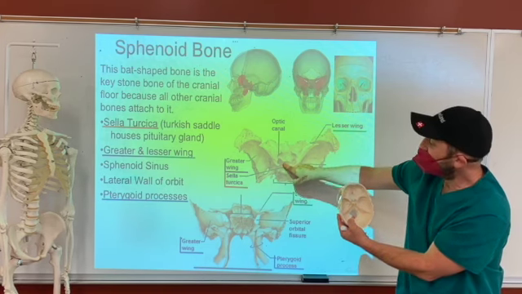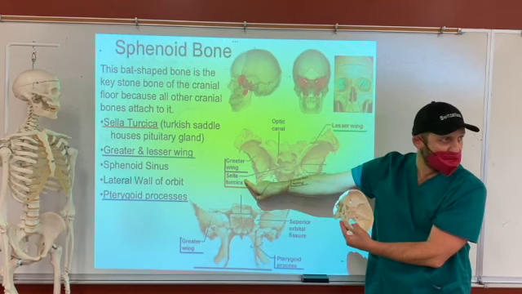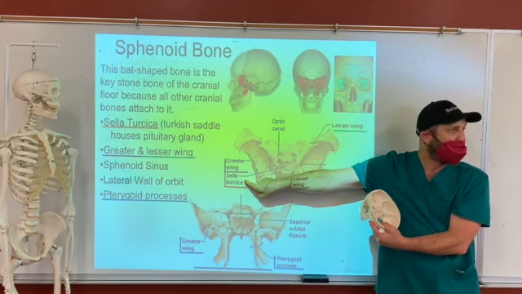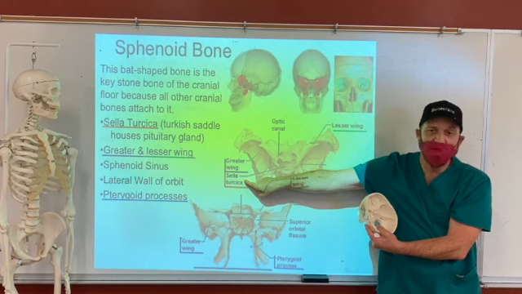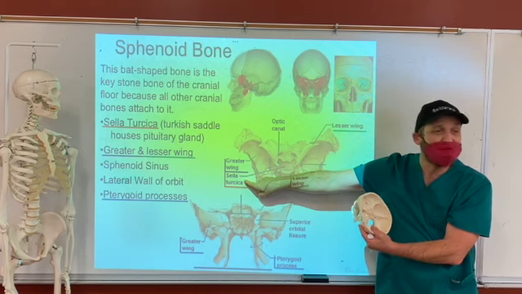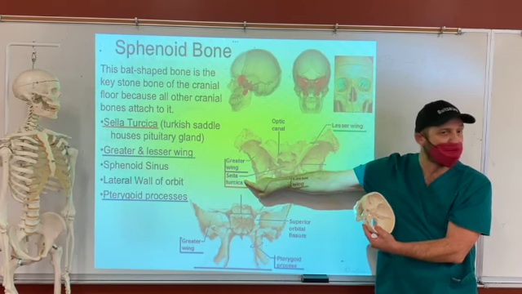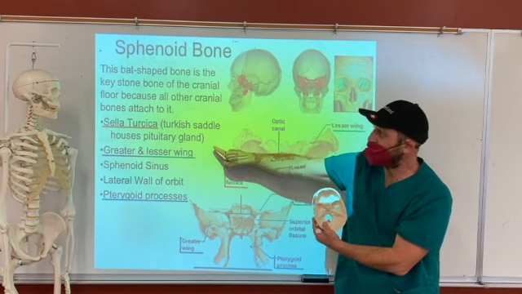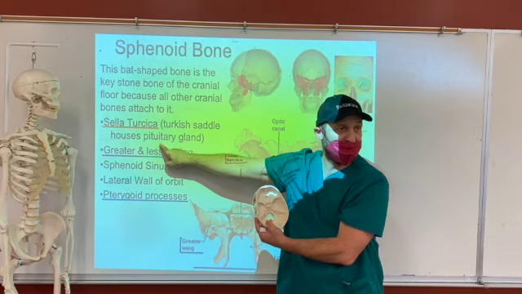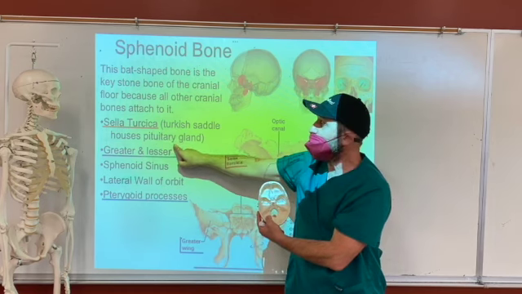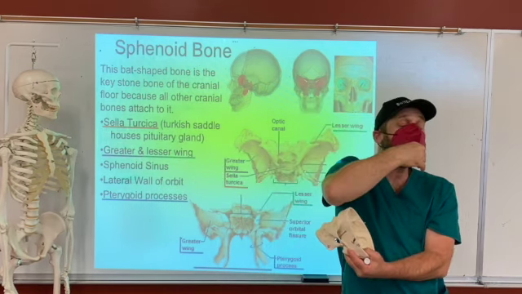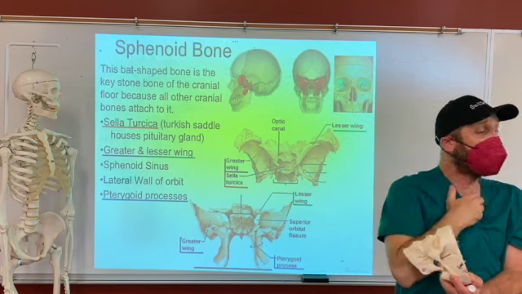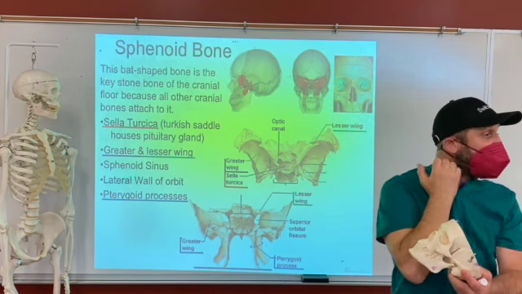That's the sella turcica, a Turkish saddle. It's a bony indentation, and the interesting thing about it is it houses the pituitary gland. The sella turcica houses the pituitary gland. Gland tissue is like epithelial tissue, like we studied in chapter 4.